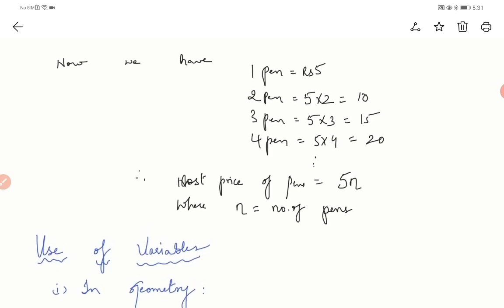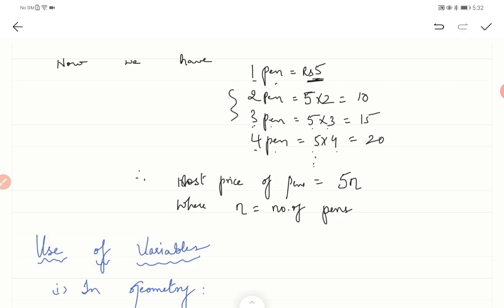We have one pen. One pen costs, suppose, 5 rupees. So 2 pens cost 5 into 2. 3 pens cost 5 into 3, isn't it? One pen is 5, so 3 pens will be the cost of 1 pen into 3, right? Then the cost of 4 pens will be 5 into 4, and so on.